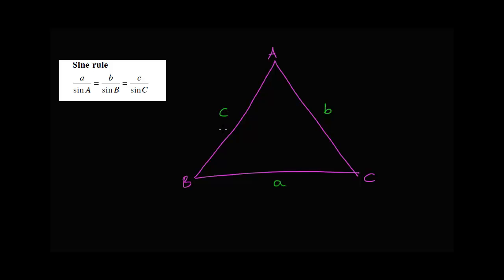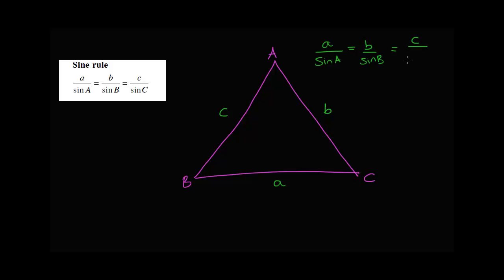Okay, so what does the sine rule actually mean? Well, the sine rule says if you know a side and its opposite angle, then the ratio of that side to the sine of its opposite angle is equal to another side and the ratio to the sine of its opposite angle.